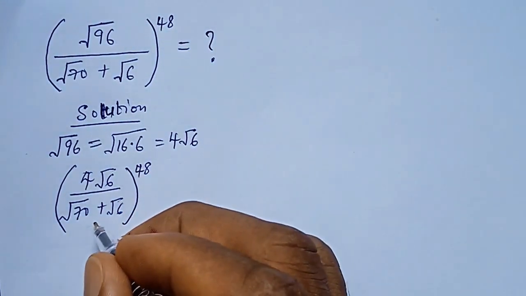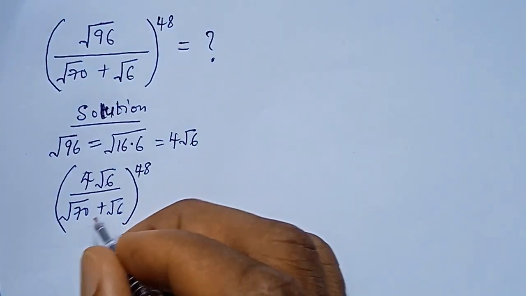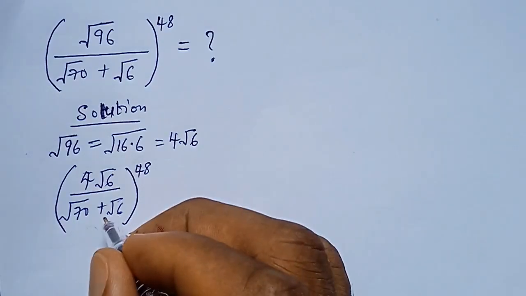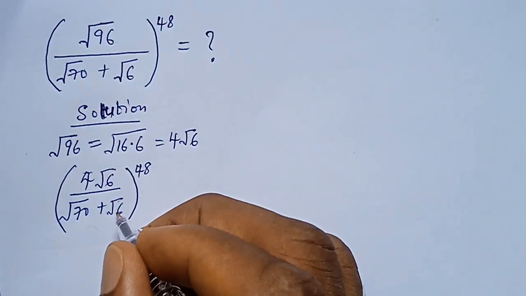Now we try to simplify the denominator as well. So we multiply and divide the denominator by square root of 6.